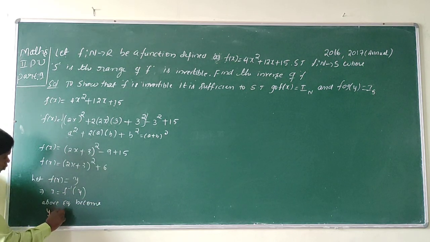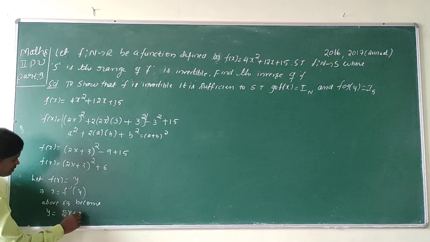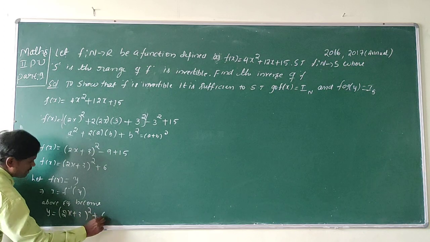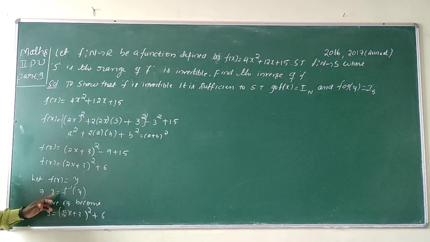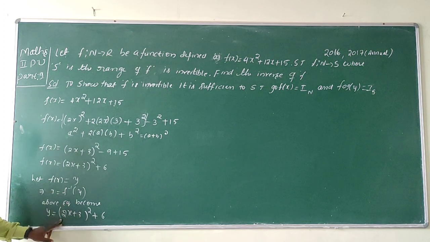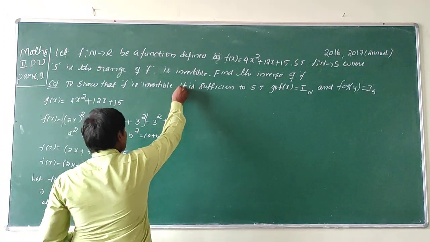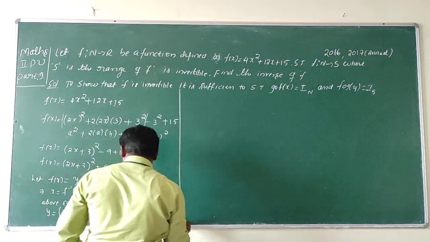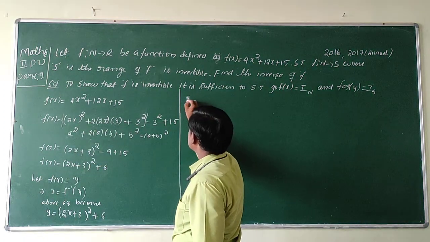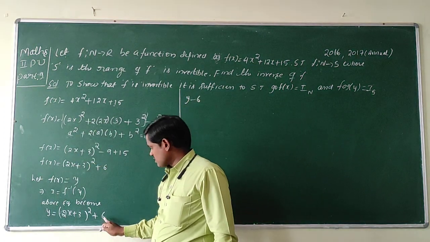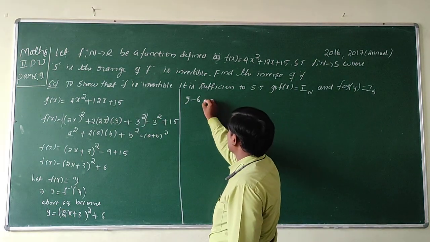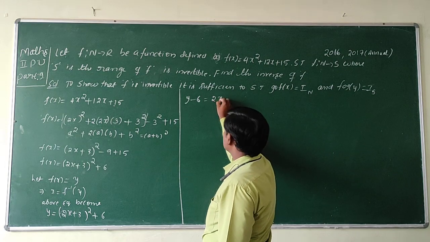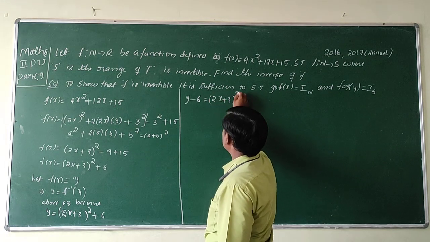So y is equal to 2x plus 3 whole square plus 6. Solve this equation for x, where x is equal to f inverse of y. Taking plus 6 to the other side, y minus 6 is equal to 2x plus 3 whole square.